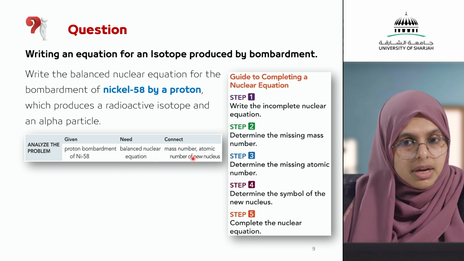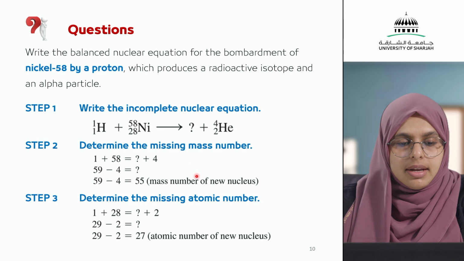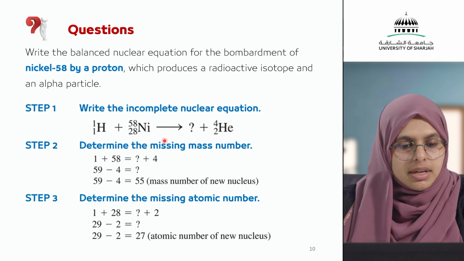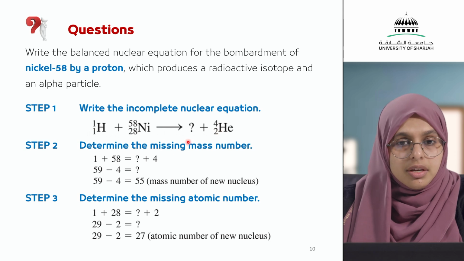We need to determine the mass number and atomic number of the new nucleus first. The first step, write the incomplete nuclear equation like this. 1 proton plus nickel-58 giving a new nucleus plus alpha particle.